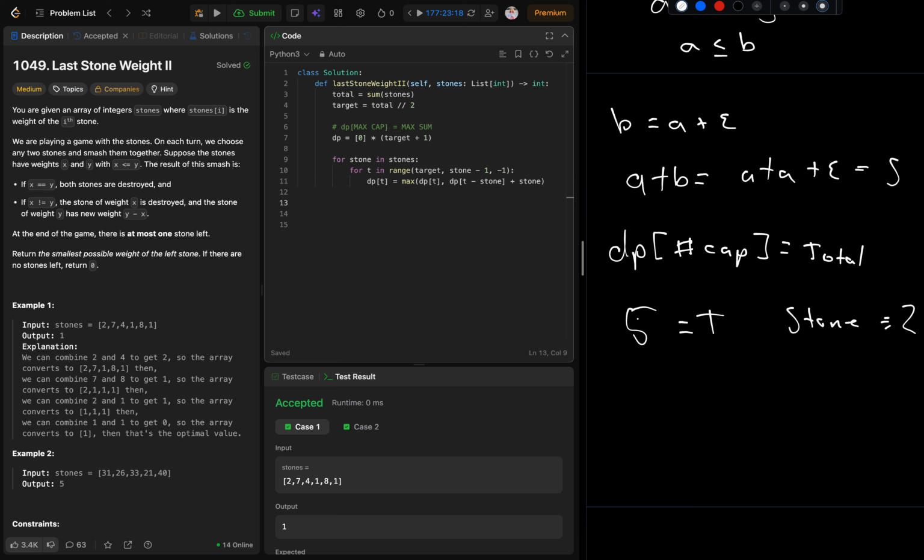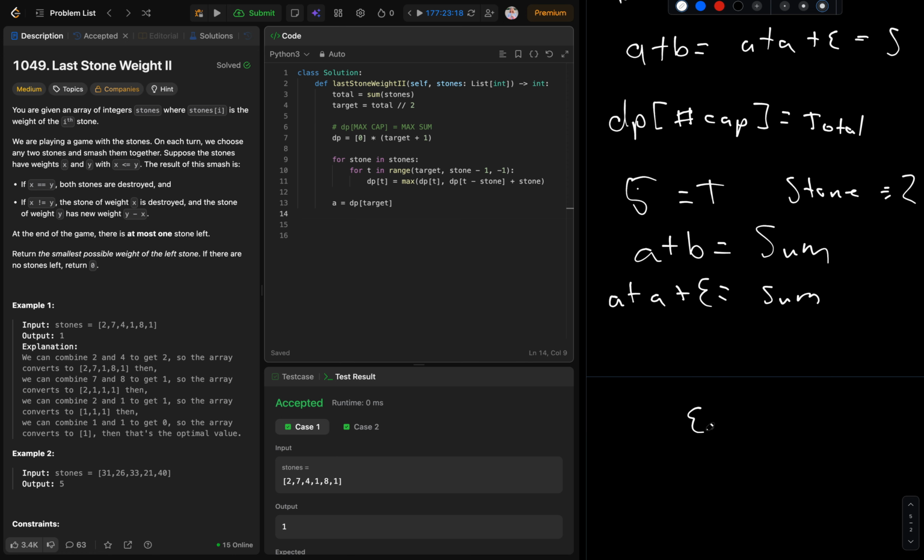And then, okay, wait, our DP at our target, right? I'll just rearrange, I'll do some algebra. So A plus B equals our sum, right? And we just want to find this little epsilon. So we know B is A plus a little bit, which is our epsilon.